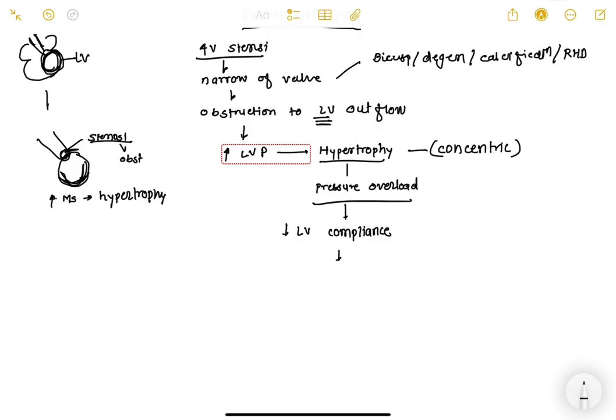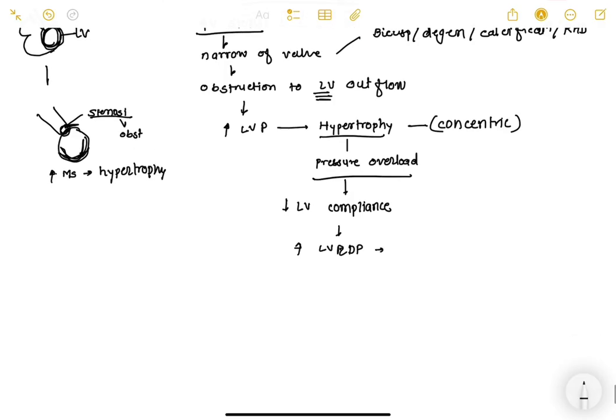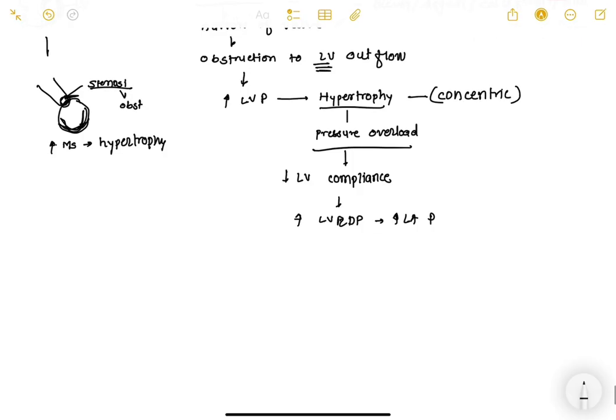So there is an increase in left ventricular end diastolic pressure. This will again increase left atrial pressure. This will increase pulmonary congestion, which will lead to dyspnea.